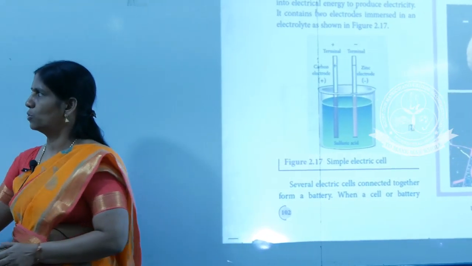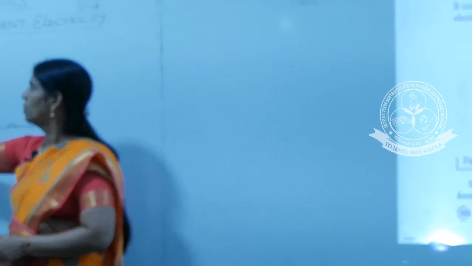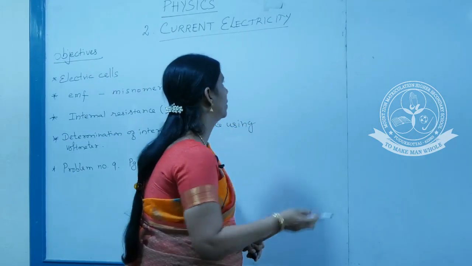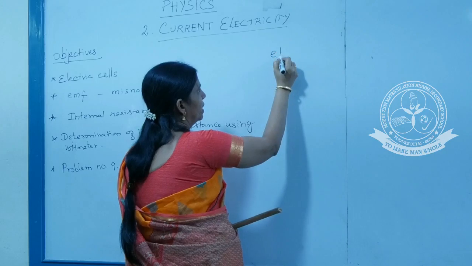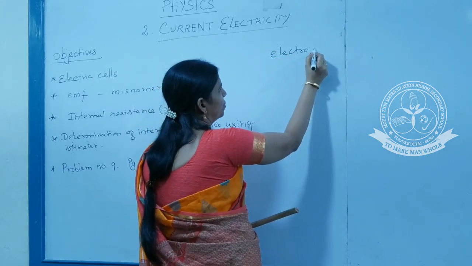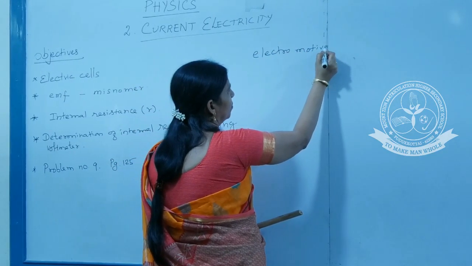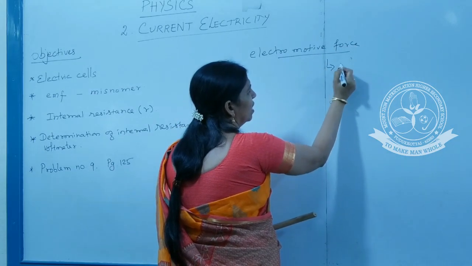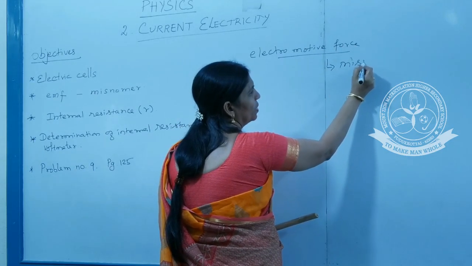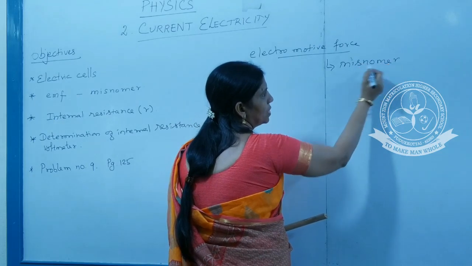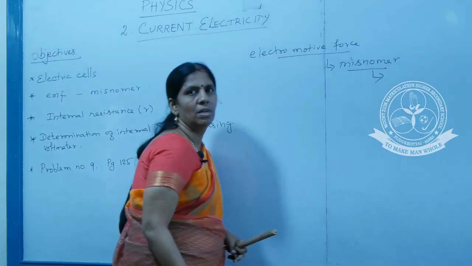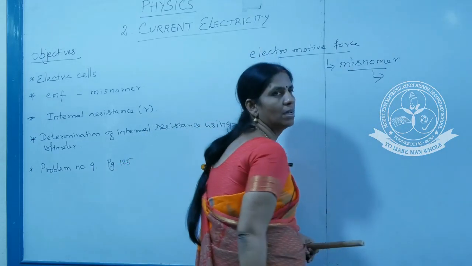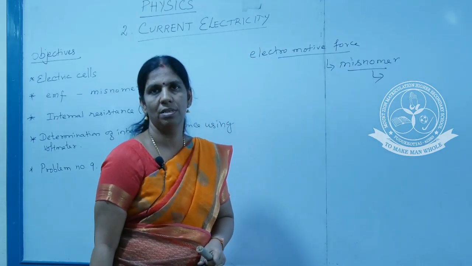Now let us come to the meaning of EMF. EMF is nothing but electromotive force. But it is a misnomer. Students, we have a new keyword in this lesson, misnomer.